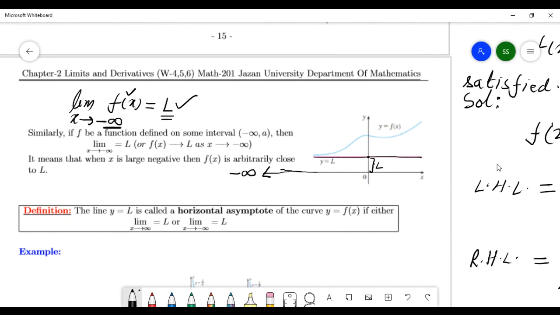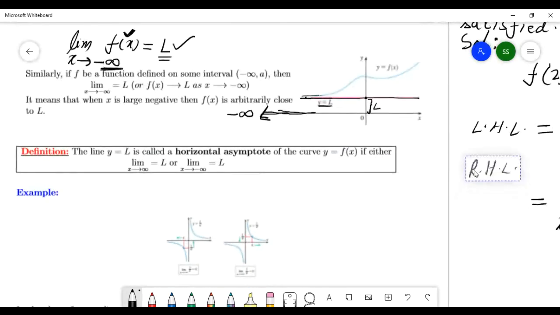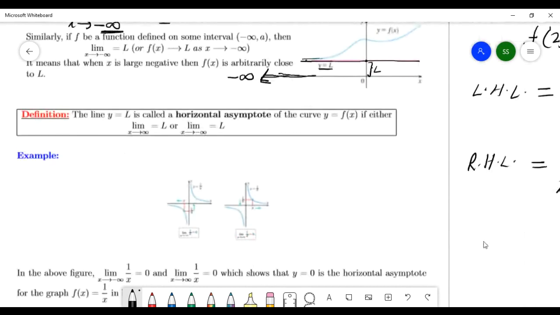Sorry, here the input x is going to minus infinity, and f(x), the function y, comes close to this line L. So if this situation happens, see this definition.